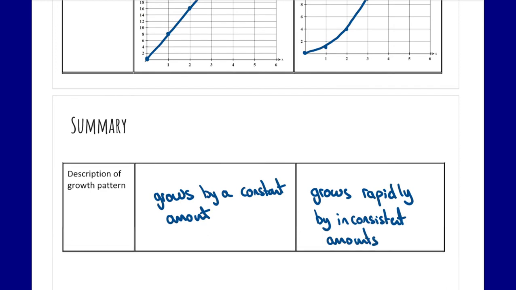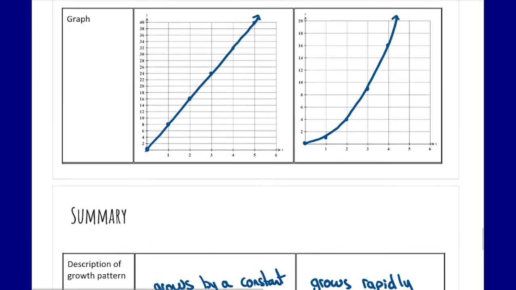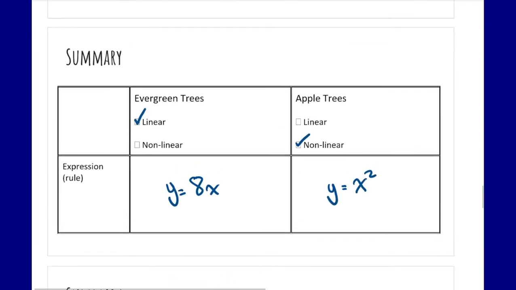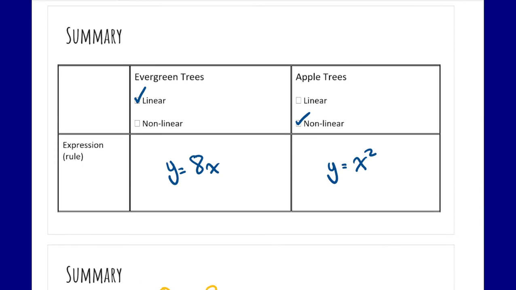So the big thing by going through this investigation, hopefully we have a summary now of the differences between linear and nonlinear patterns. For linear patterns, the key thing is that it forms that general equation, which we've talked about before, and you'll probably be sick of it by the end, y equals mx plus b.